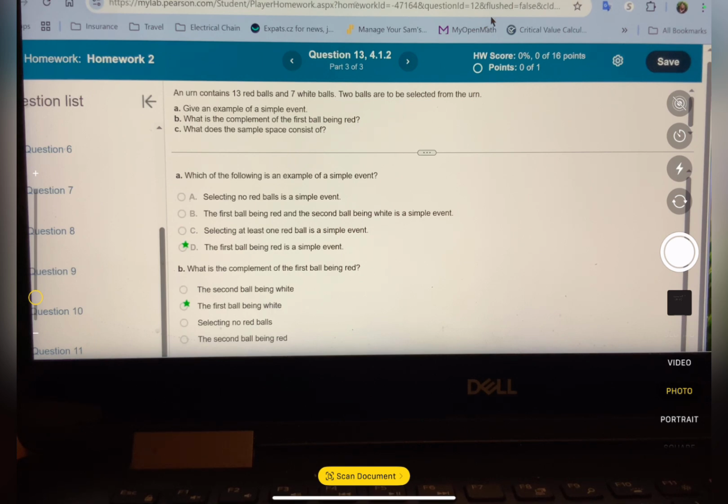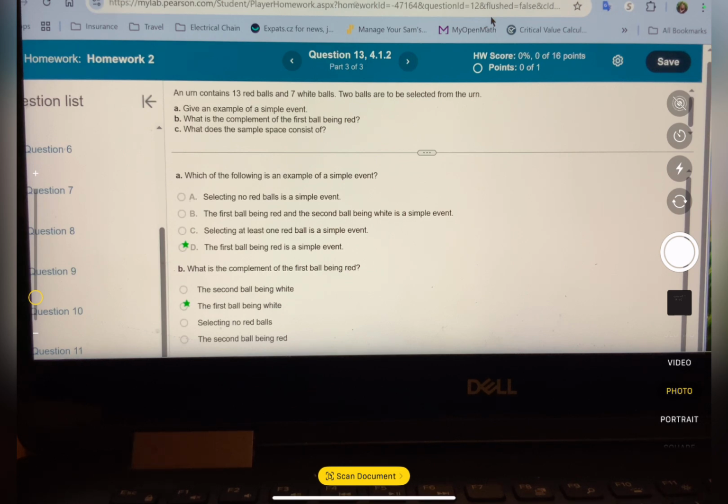So for A, which of the following is an example of a simple event? Selecting no red balls. The fact is, balls is given in the plural form, so it's already not the answer, because we can have only one outcome. Next, the first ball being red and the second, it's also not simple, because you have 2 outcomes there.